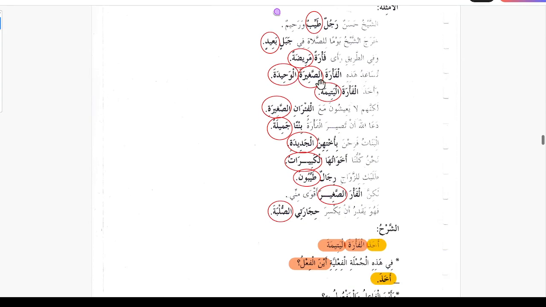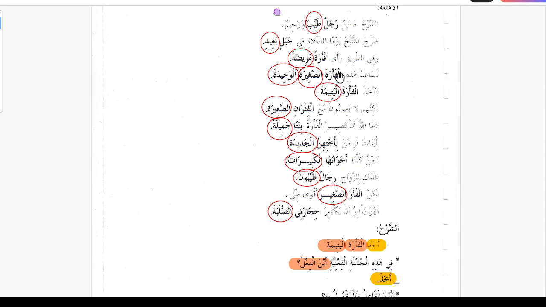Tusaidu hazihil farata sagiratal wahidata. You help this little lonely mouse. So sagirata is the adjective for farata. Here we have two adjectives, sagirata, wahidata, small and lonely.